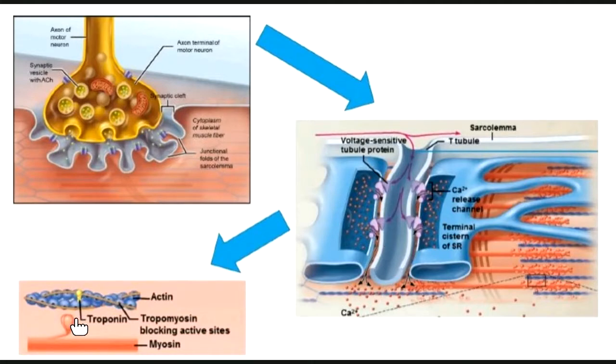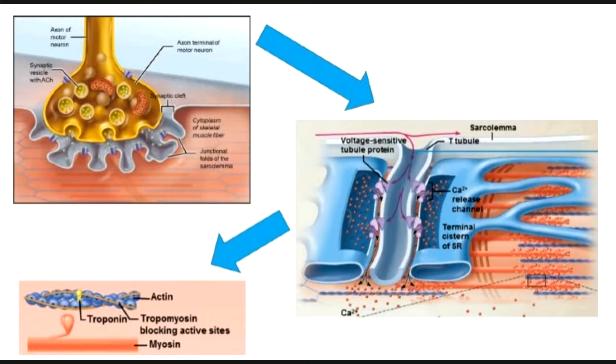When we're talking about sarin gas or Botox, both of those are going to give me trouble at this stage up here. Something we talked about in office hours last week: the overall process of muscle contraction we call excitation-contraction coupling.